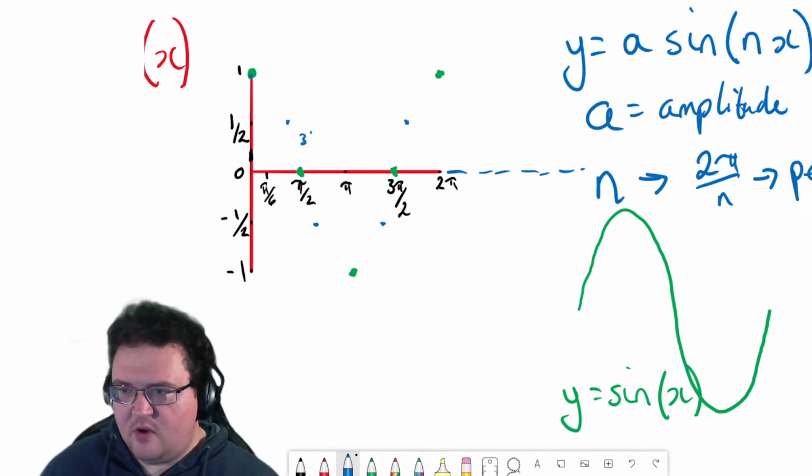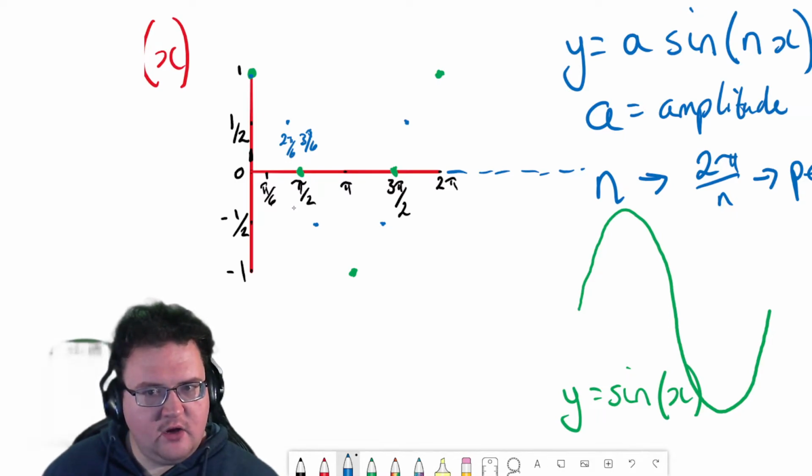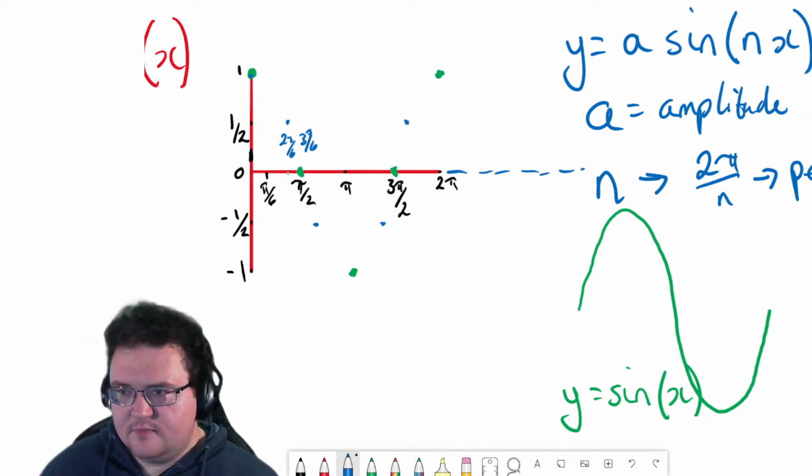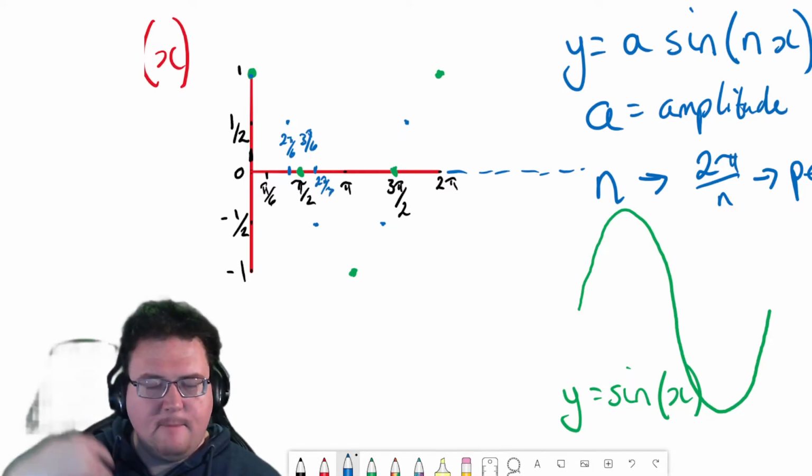Well, if this is 3 pi on 6, and I'm going pi on 6 back, then I'm at 2 pi on 6, which is pi on 3. And then this one here is going to be 2 pi on 3. So it's going to be pi on 6 more.